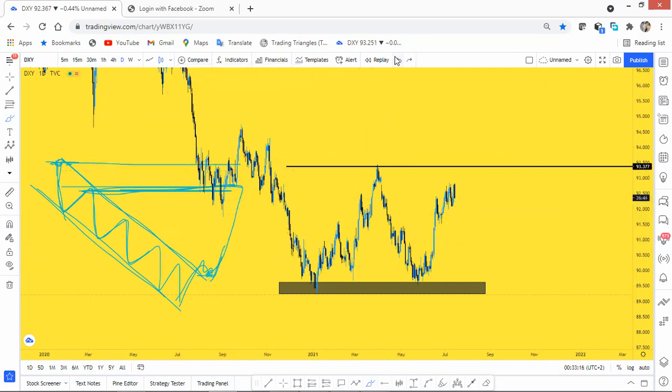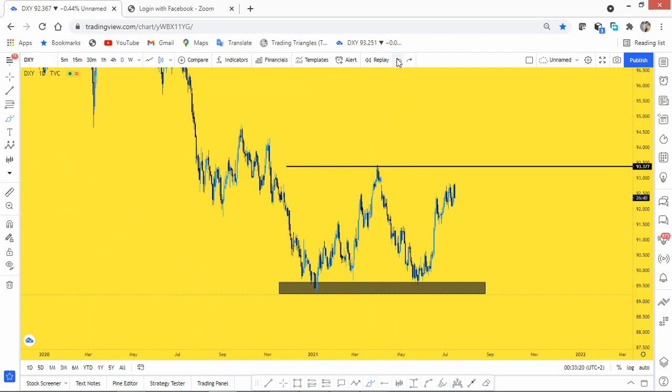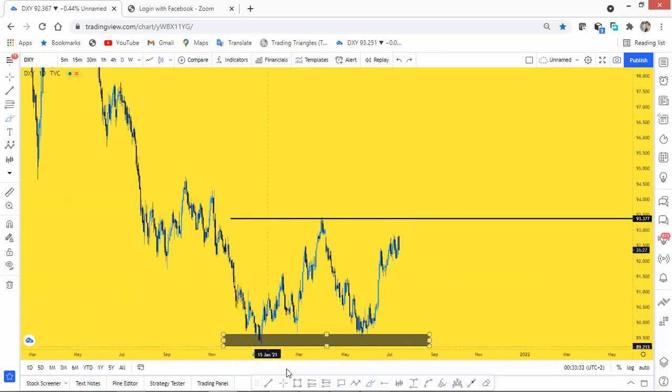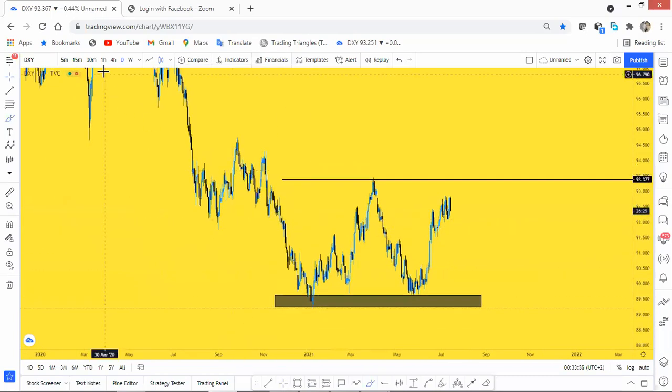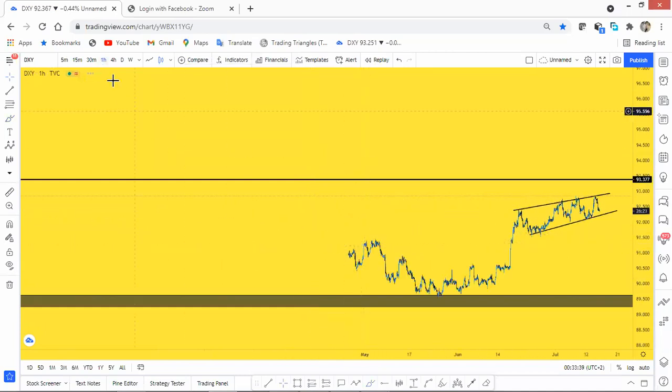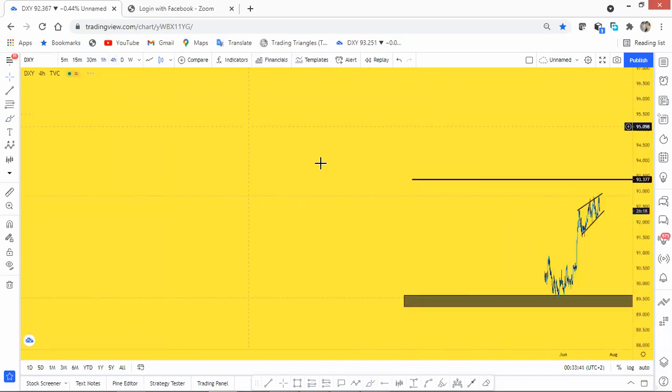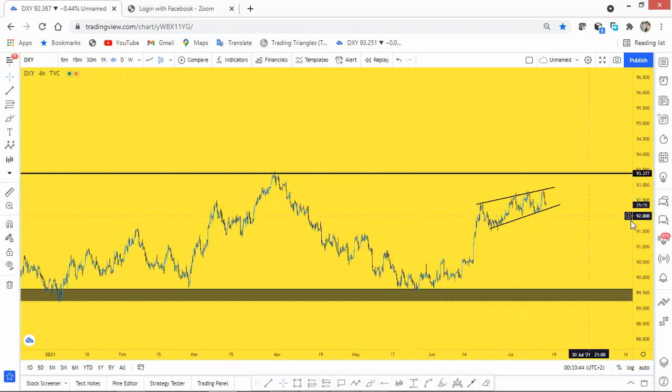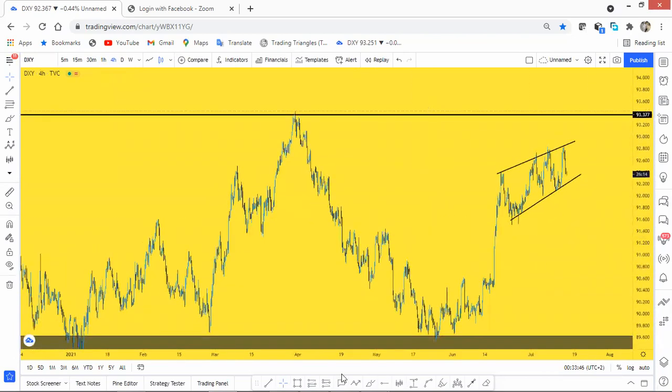So with that being said, we have some sort of an aggressive ascending channel here. Okay, I'll draw it for you guys. So we have some sort of a pattern.